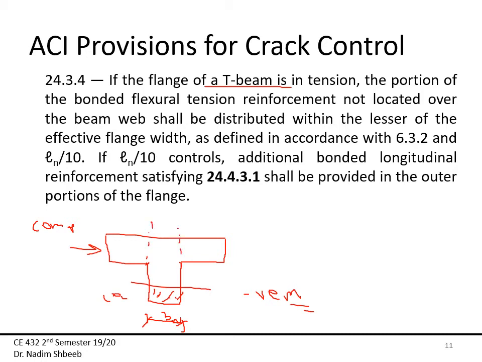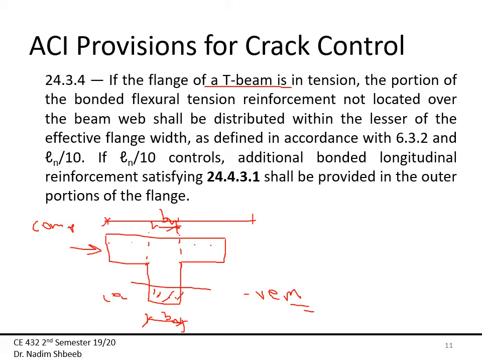But if I'm going to limit my reinforcement to the web, then I cannot leave those sections without any reinforcement. So again comes the question, how much of a distance should I go?